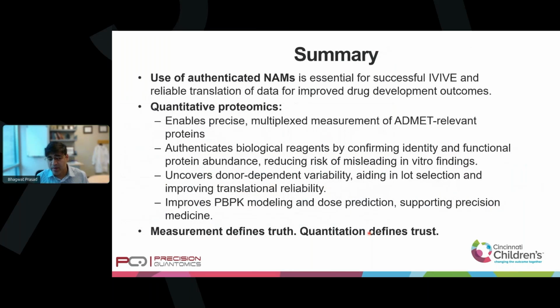With this final example, I just want to highlight that authentication of these biological reagents and NAMs is essential for reliable in vitro to in vivo extrapolation and predictive toxicology.